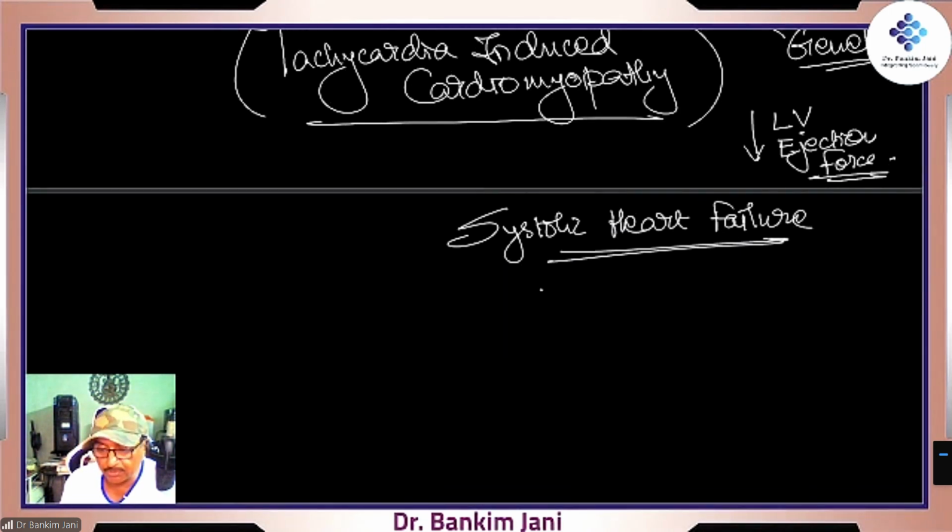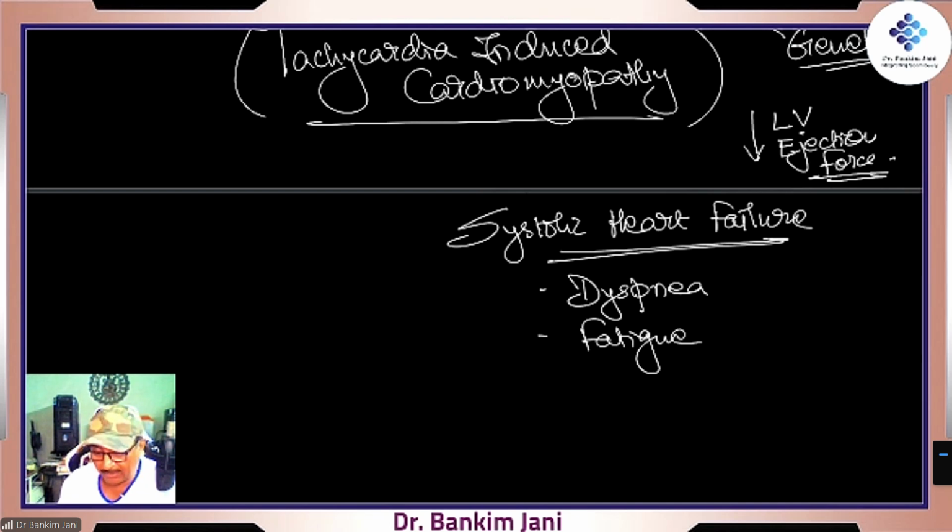So you find, why is such a good runner now becoming breathless? Why not recovering from a full marathon even after one week? Why is she getting fainting spells? You take the pulse, and why do you get that irregular pulse?